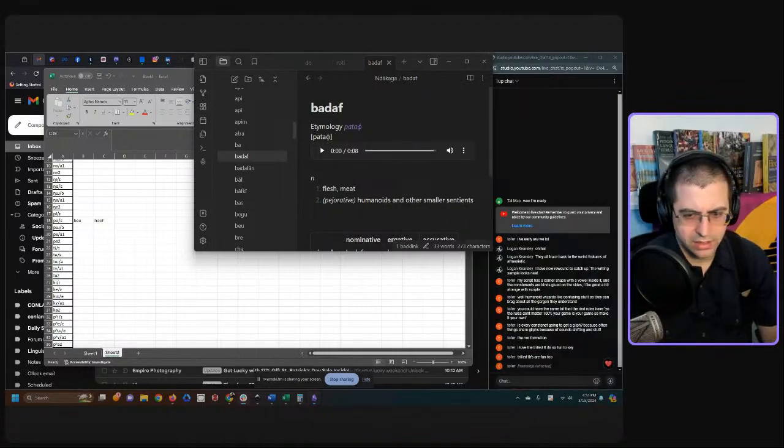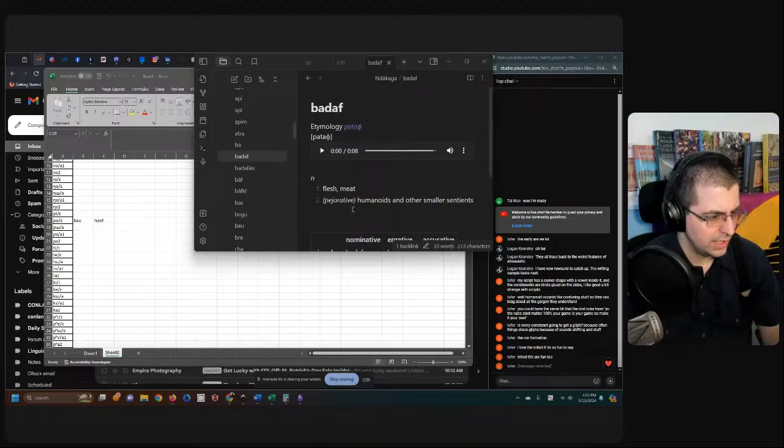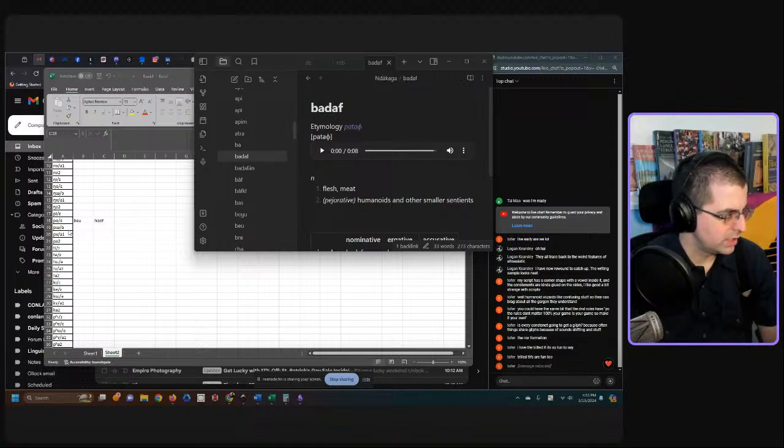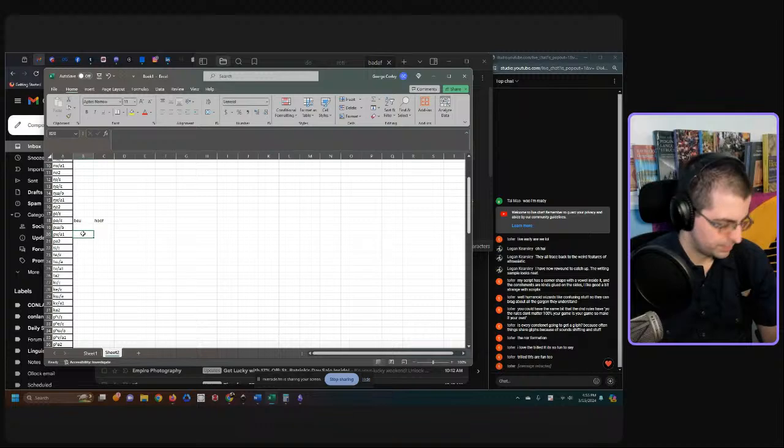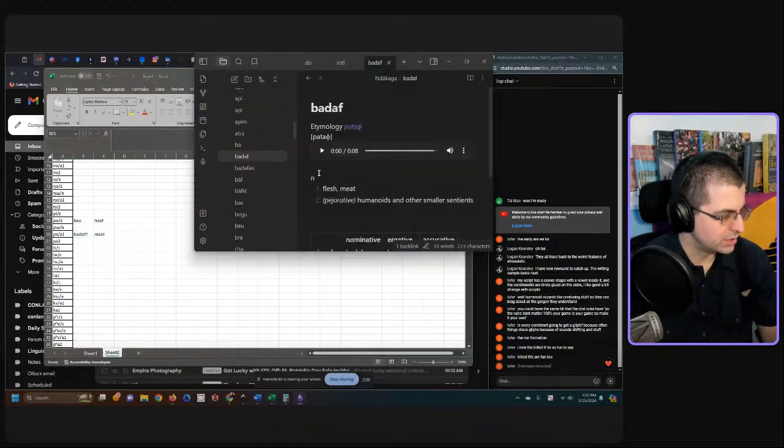I'm not totally sure how to represent meat as a picture is the only thing. But we can consider, and this was originally an A, so it would be under this one. Badaf, meat. We probably can find a way to get a picture of that.